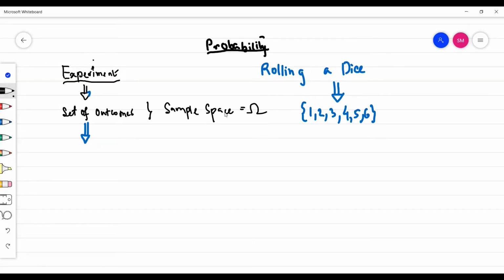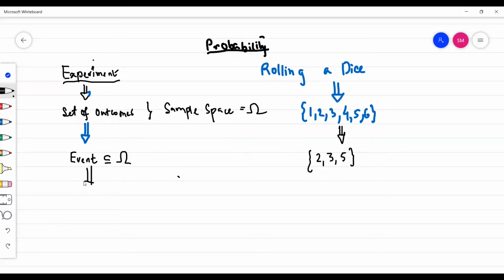Now we are interested in the event that it gives prime numbers: 2, 3, and 5. So the event is a subset of the sample space, a set of outcomes corresponding to the scenario.